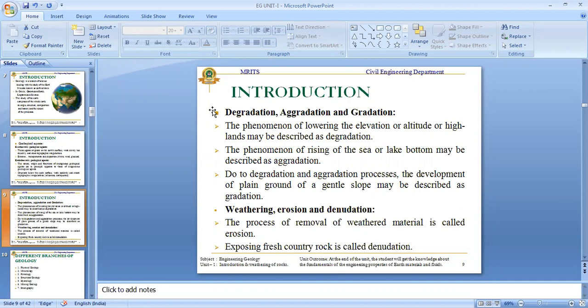The removal of a layer of earth is called degradation, and formation of a new layer is called aggradation. And if the existing slope is changing its shape and size into a gentle slope, then we call it gradation.